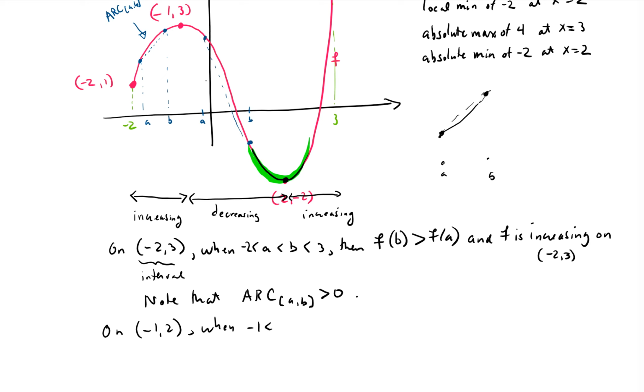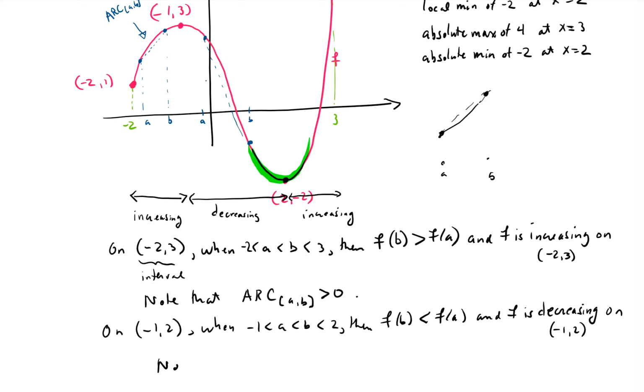So when you have A greater than minus 1, A less than B, and B less than 2, then f of B is less than f of A, and f is going to be decreasing. Decreasing since as you move from left to right, the function values are going down. So decreasing on minus 1, 2.